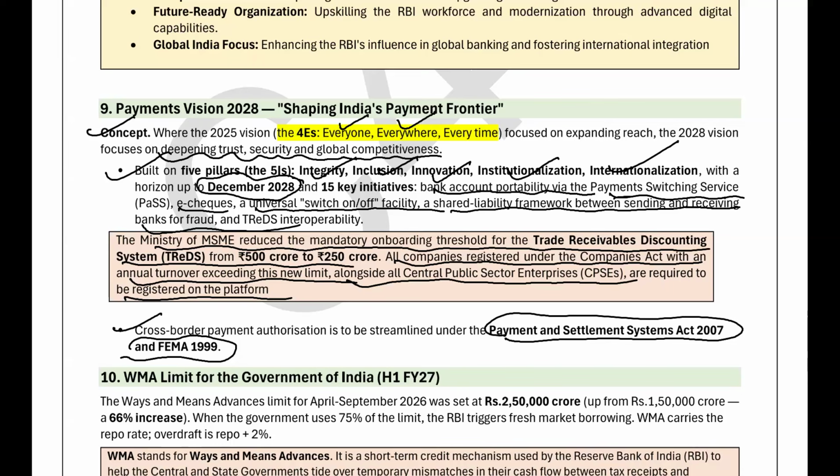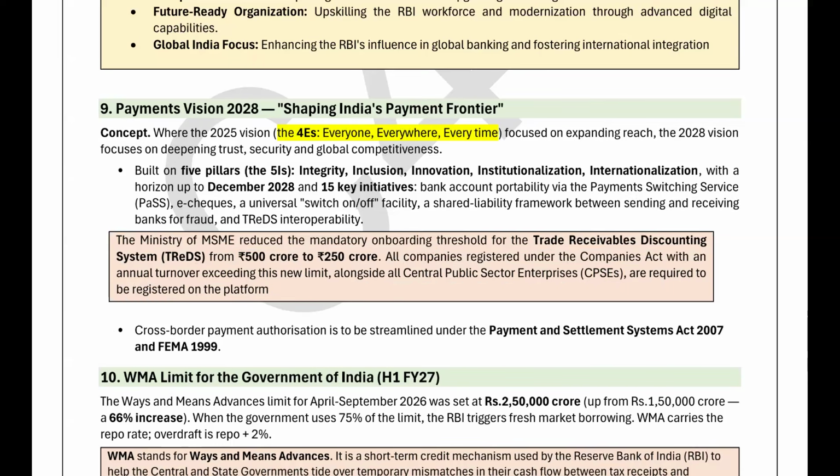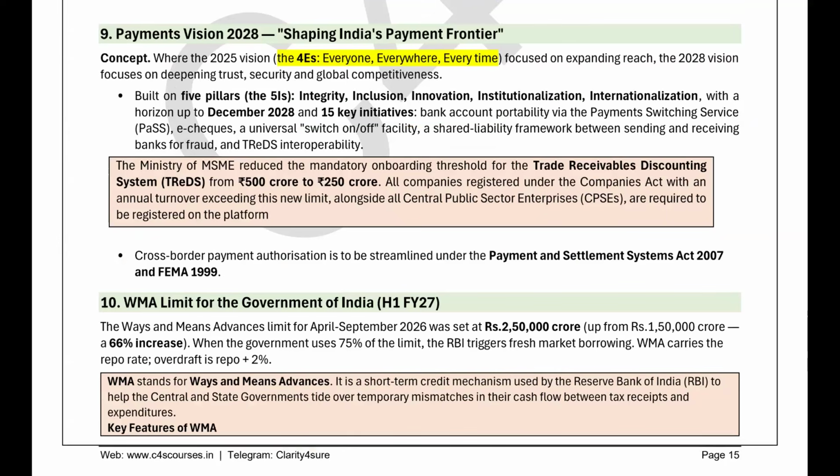If you check my finance classes in RBI, I have taught you what the acts under the control of RBI are. So there is FEMA and the Payment and Settlement Systems Act 2007. So if anything related to payment comes up, obviously it will be enforced through this act. Okay? And for export and cross-border matters, FEMA 1999 will come into the picture. So I hope the 9th circular, Payment Vision 2028, Shaping India's Payment Frontier, is also clear to everyone.